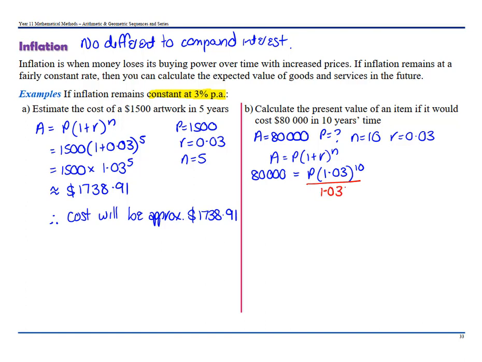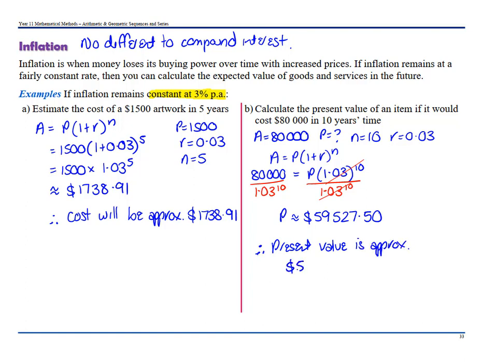Divide both sides by 1.03 to the power of 10. So there you go. Our principal is approximately $59,527.50. So therefore, present value is approximately $59,527.50.